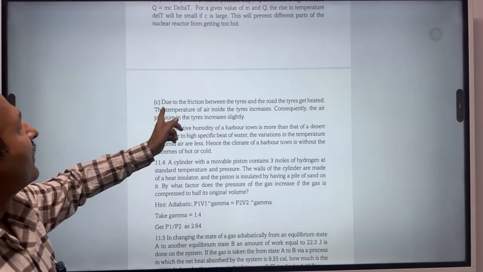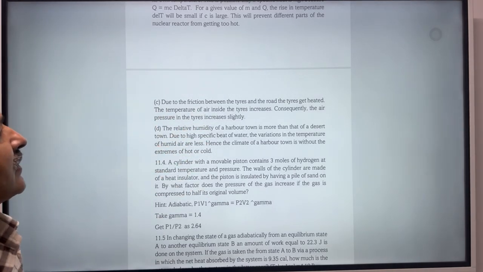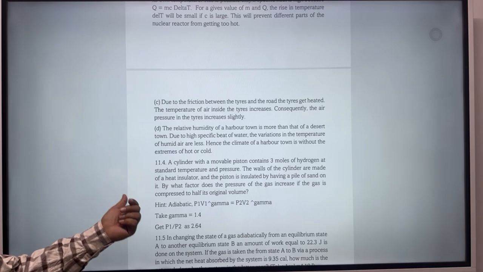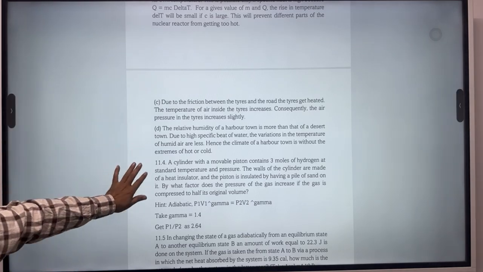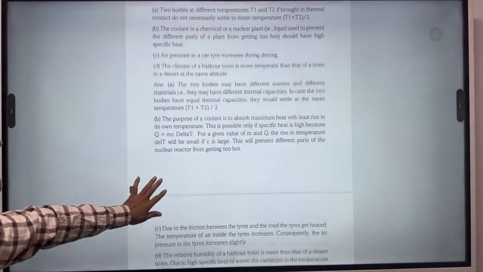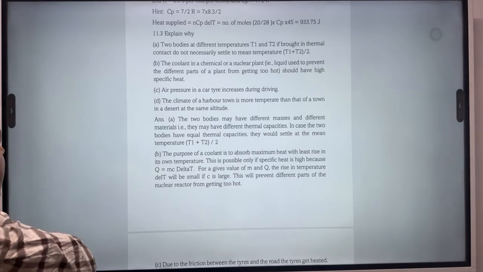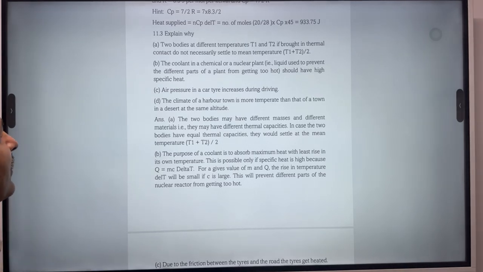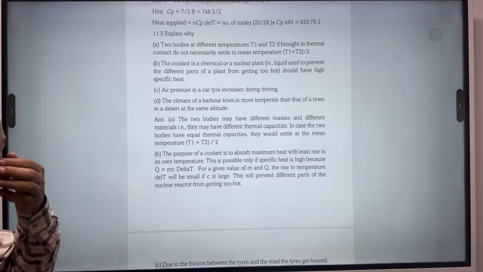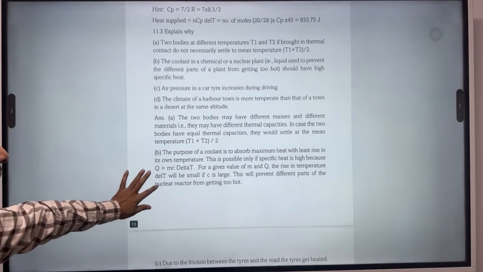So here it's given, due to the friction between the tires and the road, the tires get heated, the temperature of air inside the tires increases, consequently the air pressure in the tires increases slightly. And next part says the climate of a harbor town is more temperate than that of town in a desert at the same altitude.